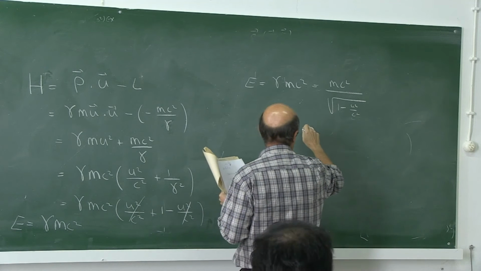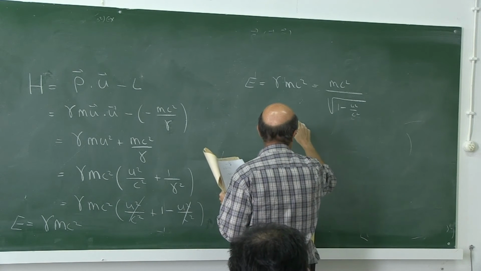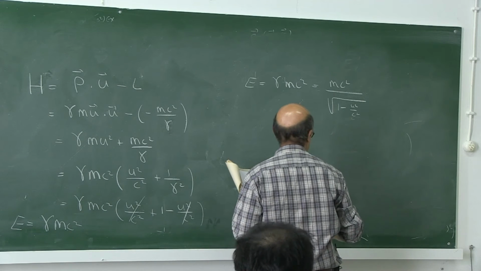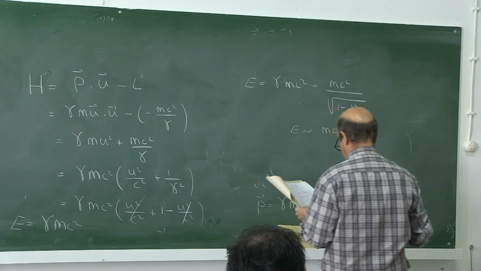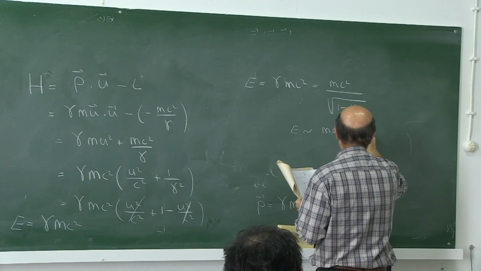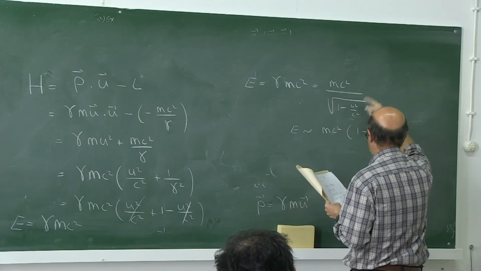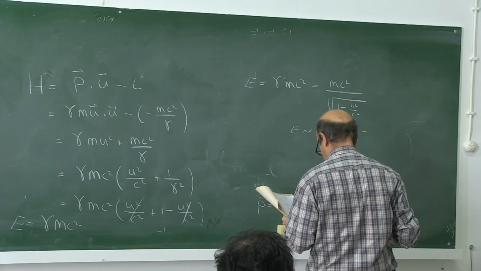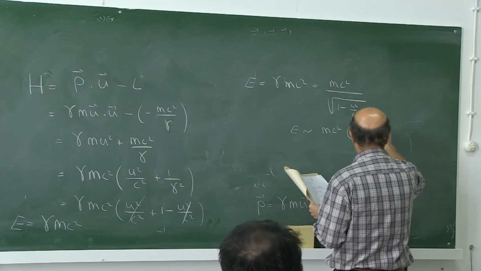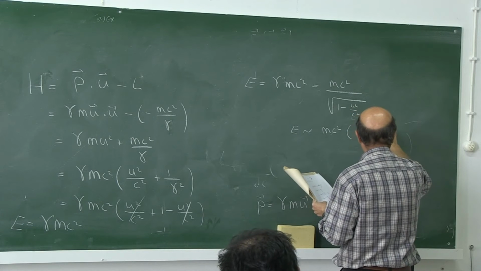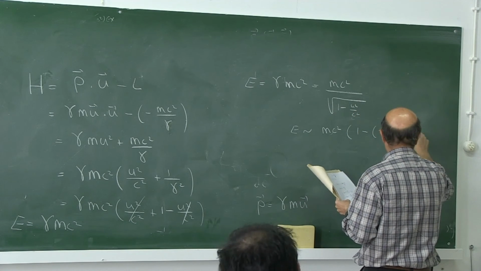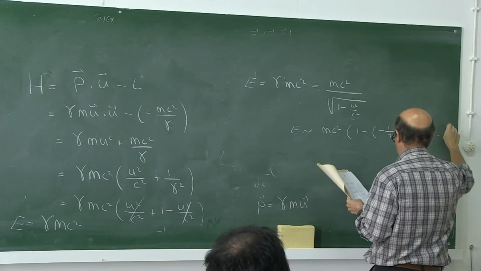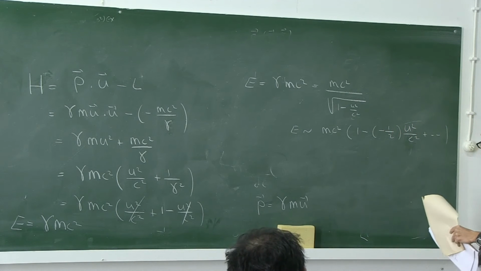If you are working at low speeds, this energy is equal to what? mc squared. The factor 1 minus u squared over c squared goes as a power of minus 1 over 2. So at low speeds, the surviving term will be u squared over c squared. Ignore the higher orders, so do a binomial expansion.